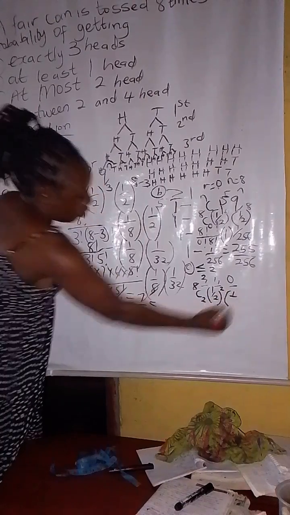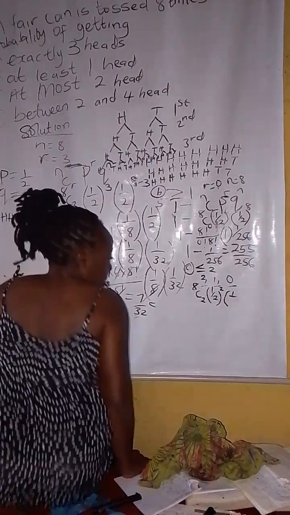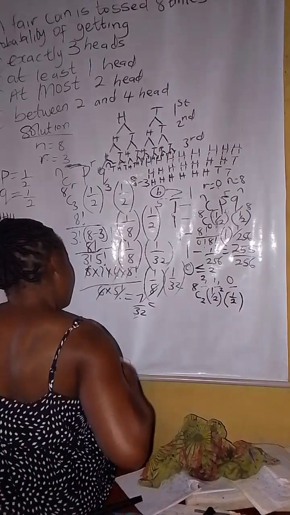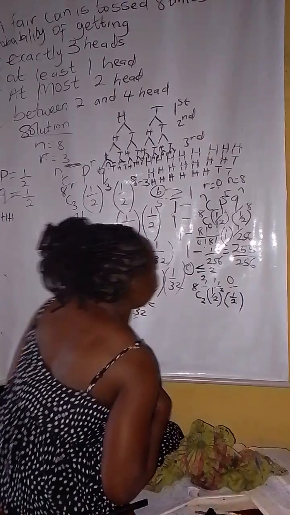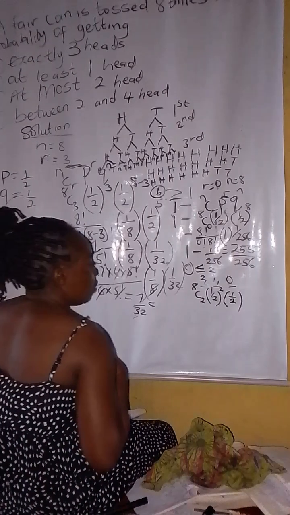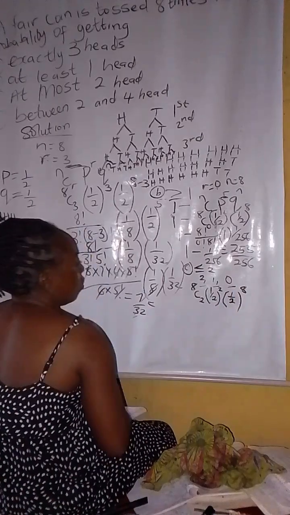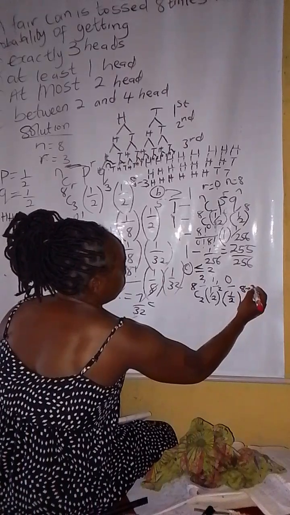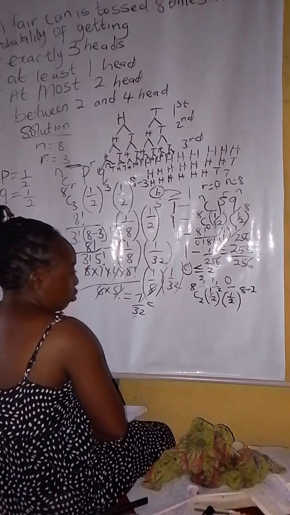Then we have 1 over 2 raised to power 8 minus 2, because we have at most 2 edges.